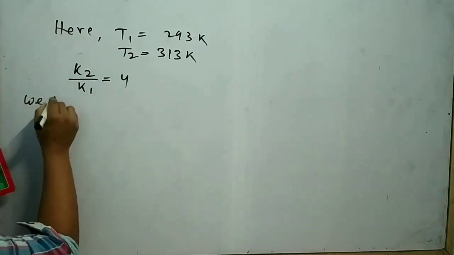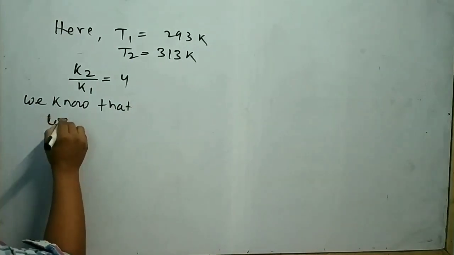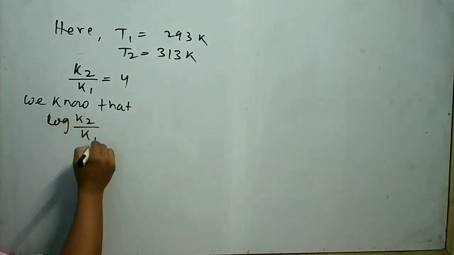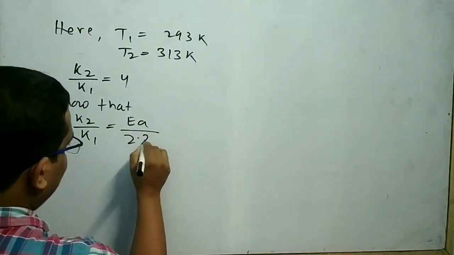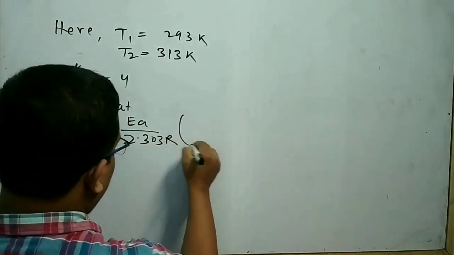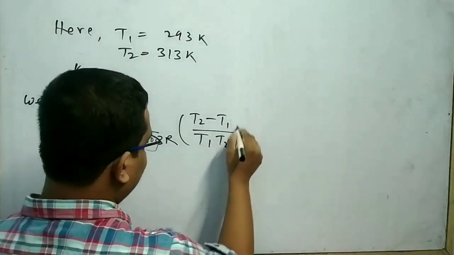We know that log K2 by K1 is equal to Ea by 2.303 R into (T2 minus T1) divided by T1 T2.